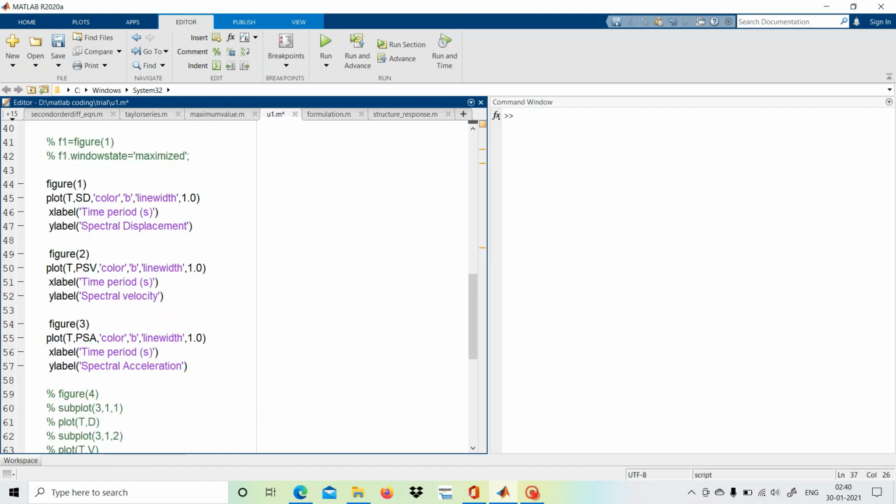So that's the unit conversion value, so we are not interested in those things right now. And now we will plot, with the x-axis as time period, the maximum displacement or spectral displacement. Similarly, we will plot the pseudo-spectral velocity and pseudo-spectral acceleration against time period. So let's plot.